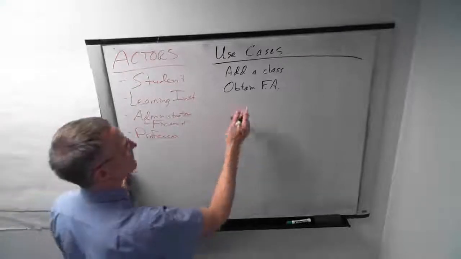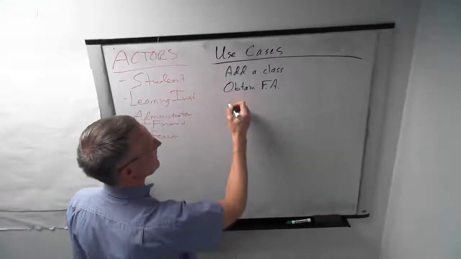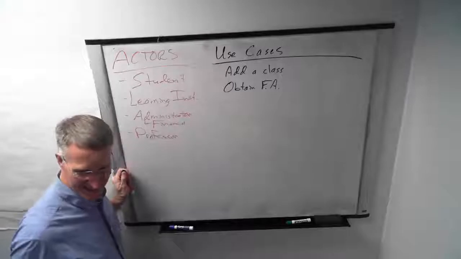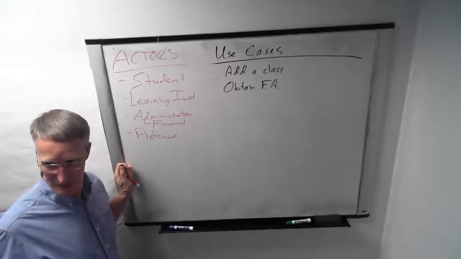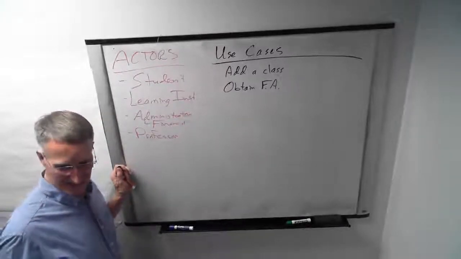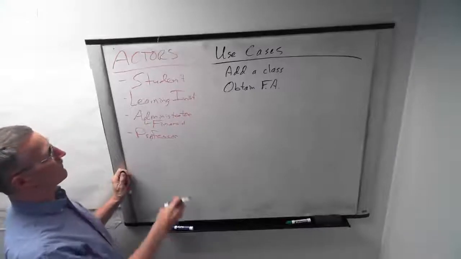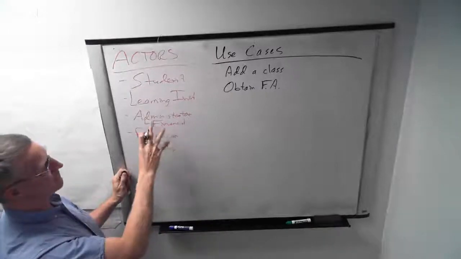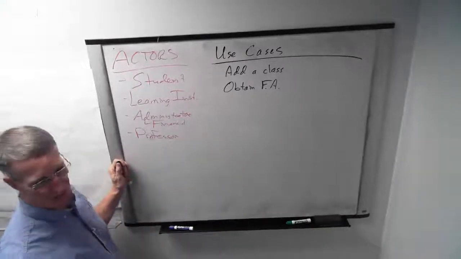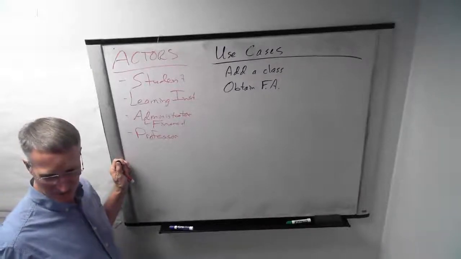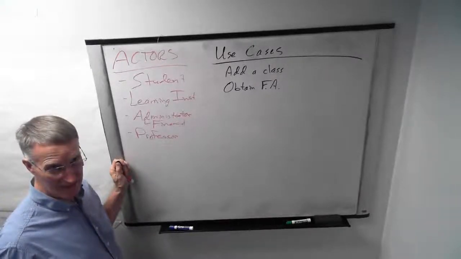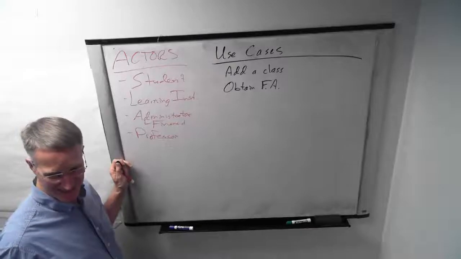Transcripts, in terms of, what's the verb? A use case will always have a verb and a noun. The actors are always going to be, well, I shouldn't say always, but they will be a noun.